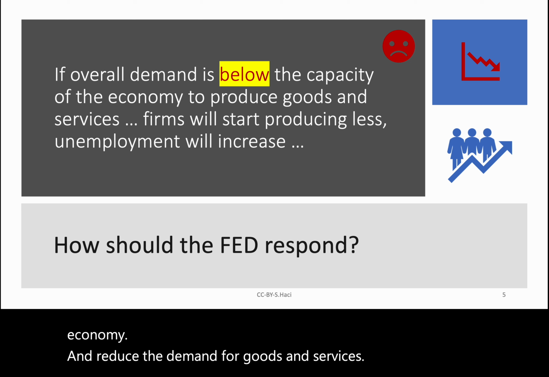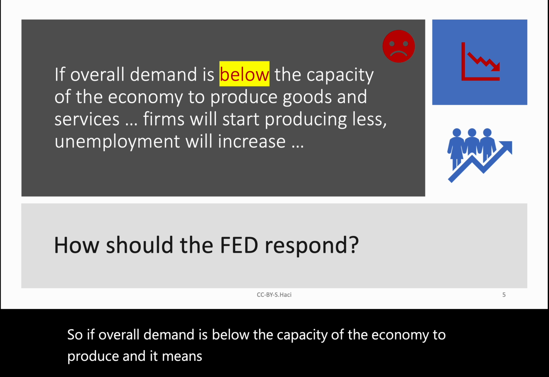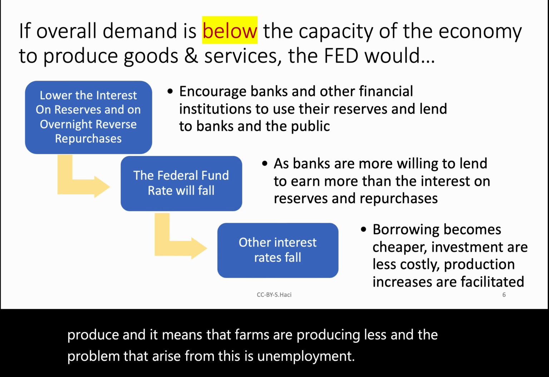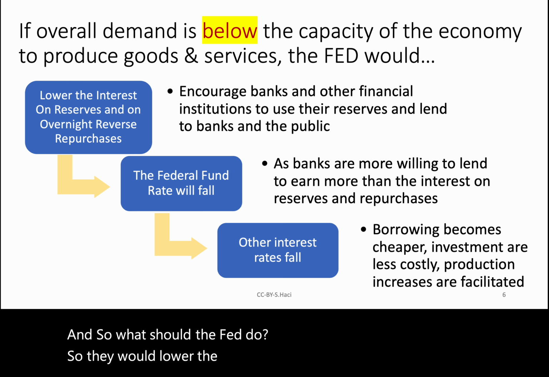If overall demand is below the capacity of the economy to produce, it means that firms are producing less, and the problem that arises from this is unemployment. So what should the Fed do? They would lower the interest on reserves and on the overnight reverse repurchases.